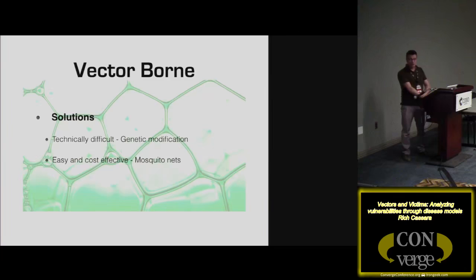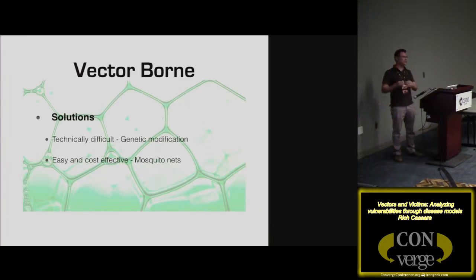So the solutions for a vector-borne illness: there's the interesting and technically difficult way, and there's the easy way. Something they're doing with mosquito control is genetically modifying mosquitoes so that they self-destruct. They'll genetically modify male mosquitoes and release them into an environment, and I can't remember the exact details, but I think they're completely infertile or they produce offspring that are completely infertile, and it causes the entire mosquito population to collapse in the area.